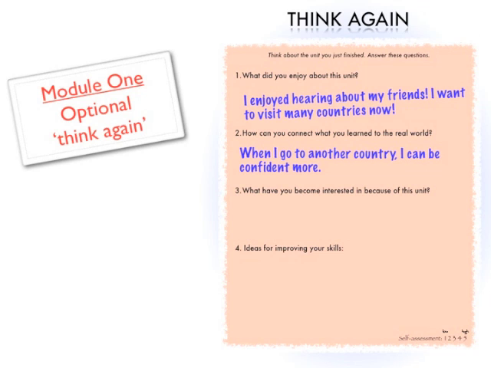How much more confident this person has become, I don't know. But the fact that they're actually writing this down perhaps provided even more confidence to them than if they hadn't written it down. What have you become interested in because of this unit? I want to read travel books and eat delicious foreign foods.